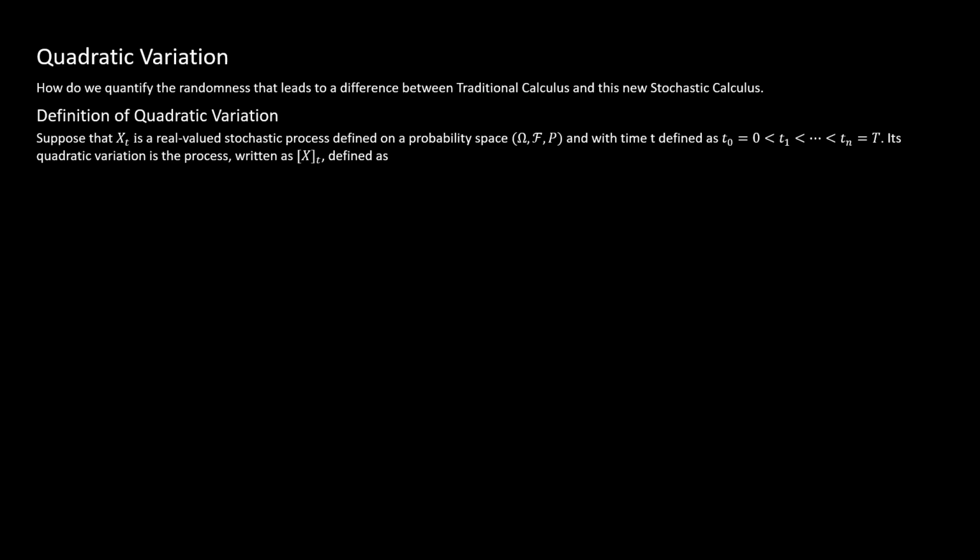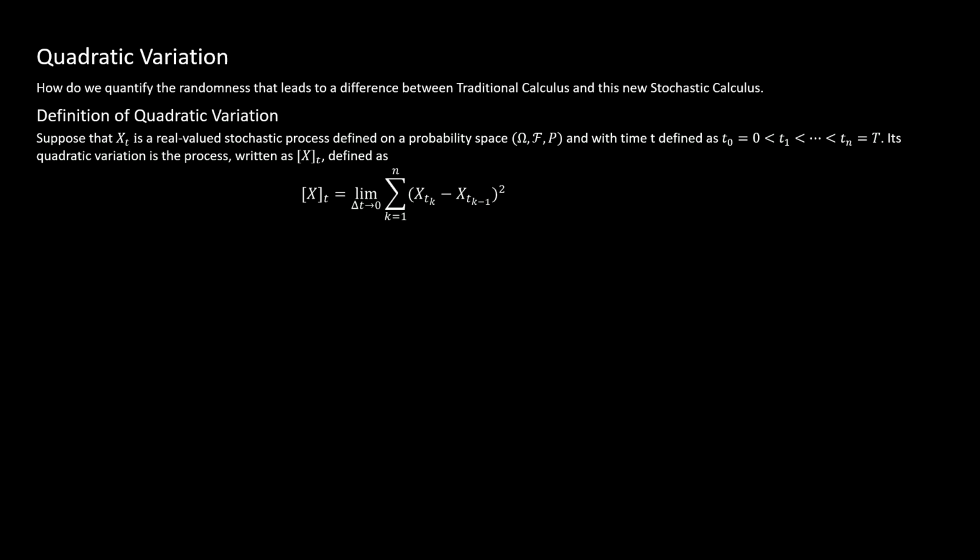What quadratic variation does is divide your t-axis into a number of intervals. It takes the difference between the value of your stochastic process or function at each interval point and squares them. It then sums over all of these differences and finally makes the original interval smaller and smaller.